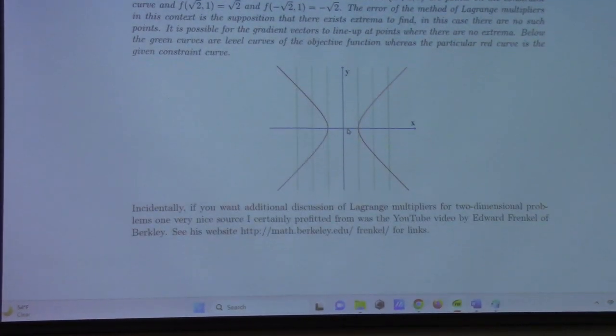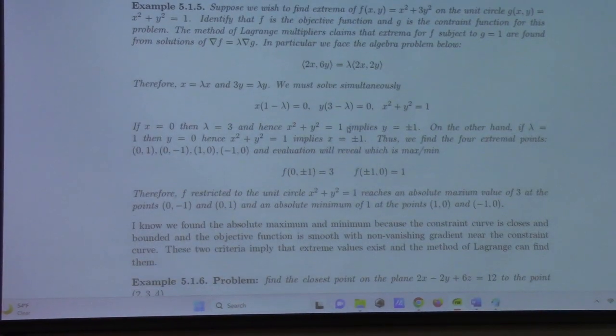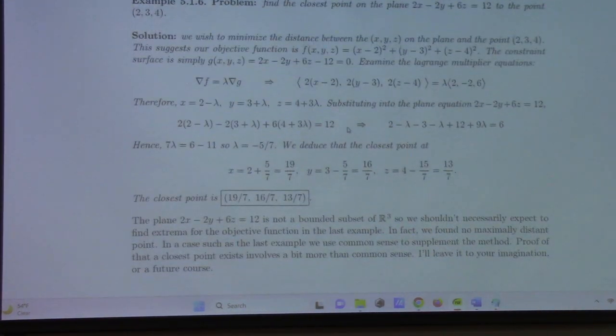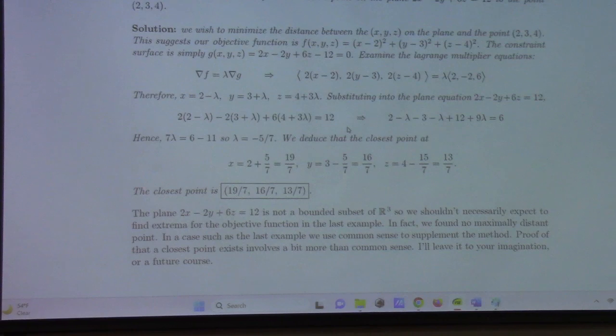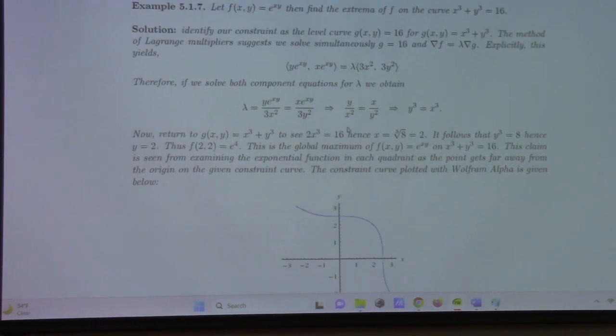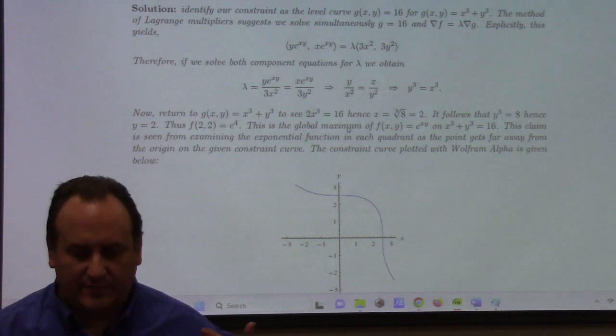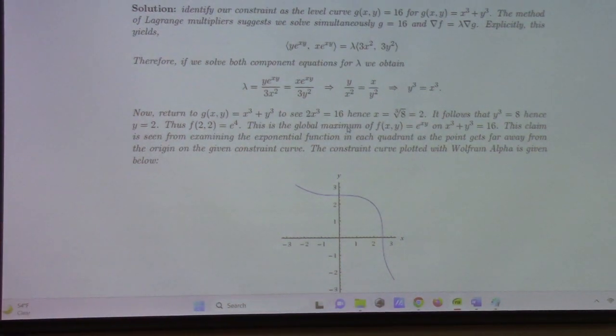So we worked that problem yesterday. This one I don't think we've worked yet. Well, we more or less worked this one last time, the closest point on the plane with different numbers. Here's another one. So I just want to talk through about 3 or 4 of these examples with you.